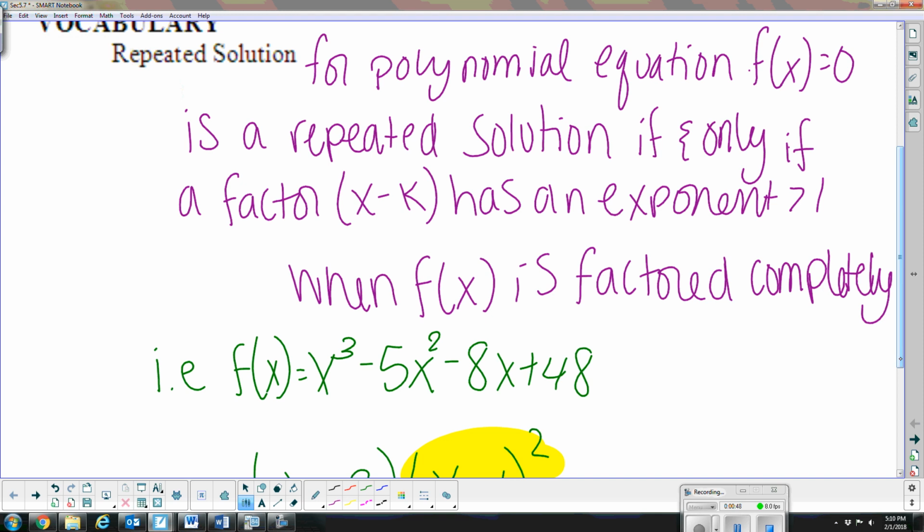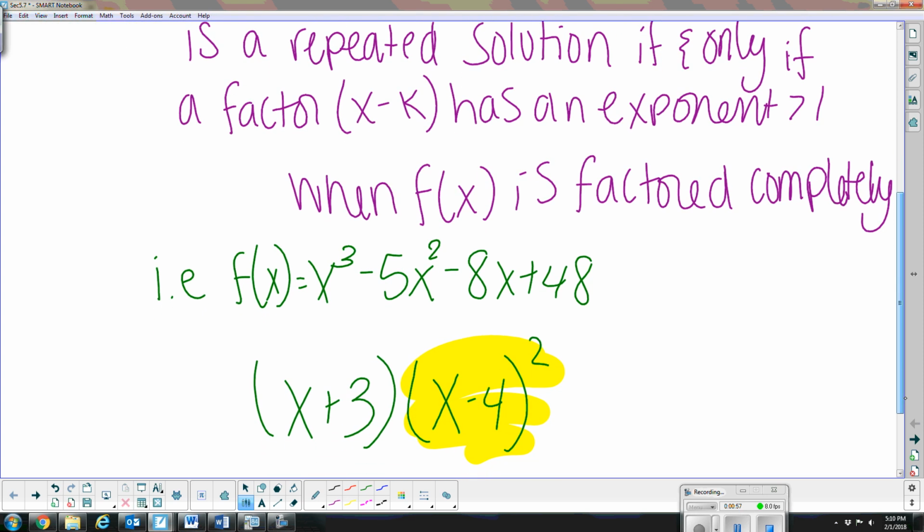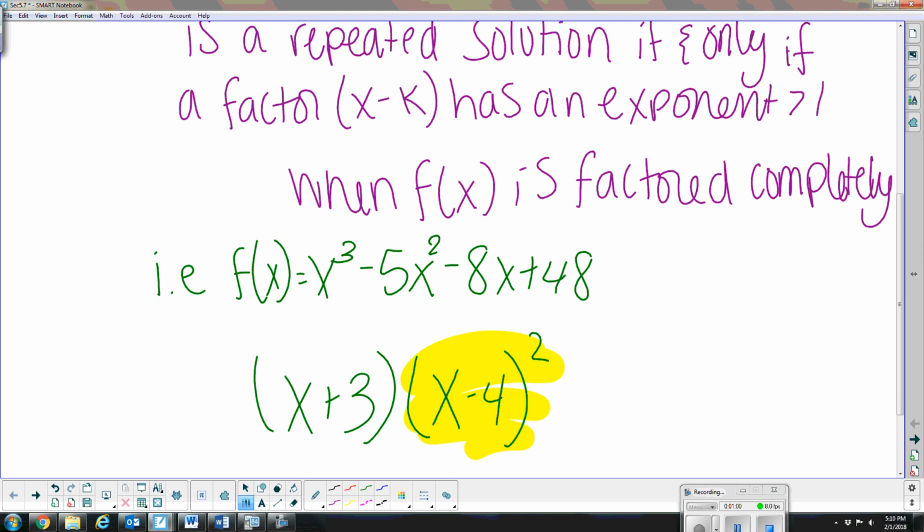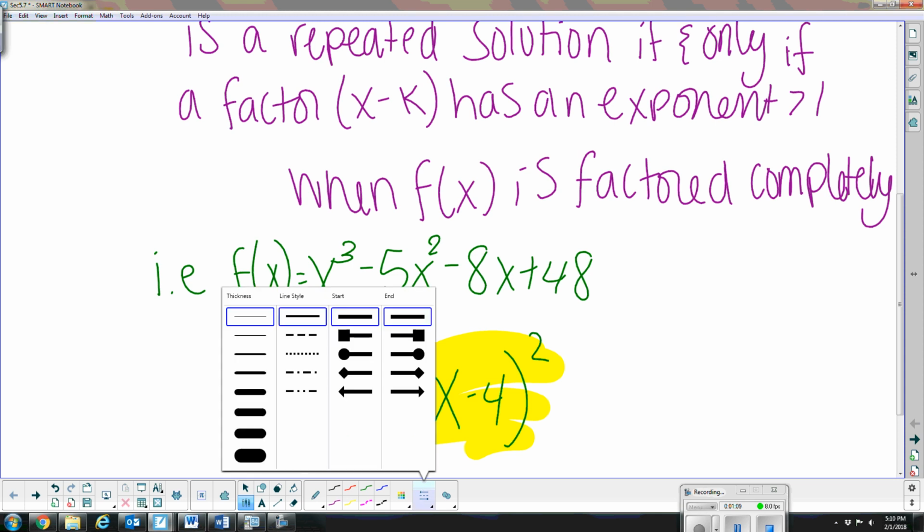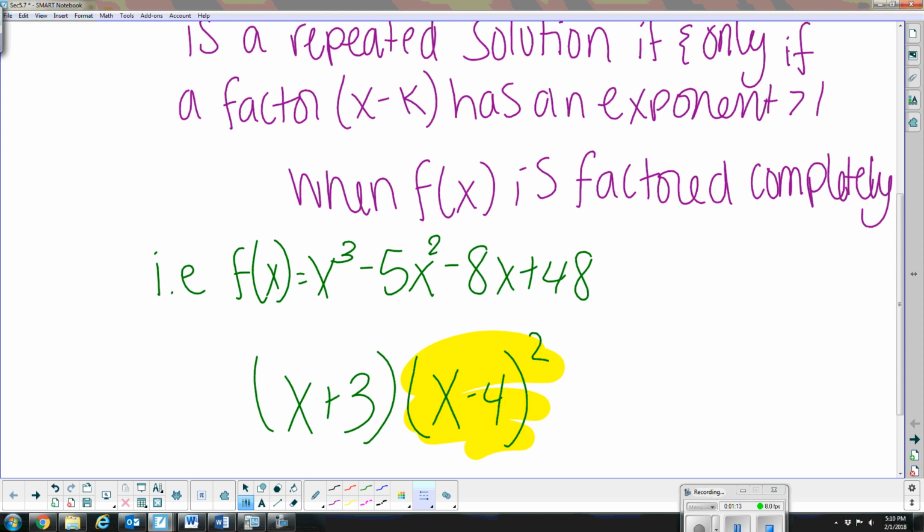So for example, if you look at this polynomial function, x cubed minus 5x squared minus 8x plus 48, if you factor that completely, and you can factor it on your own if you'd like, but the factors are x plus 3 and x minus 4 squared. Now, if you think of your solutions here, your solutions, or your zeros, are -3 and 4.